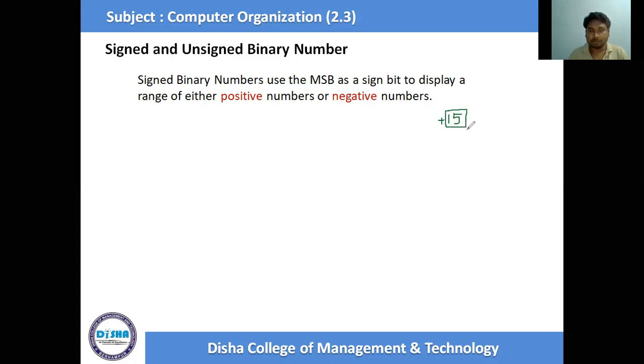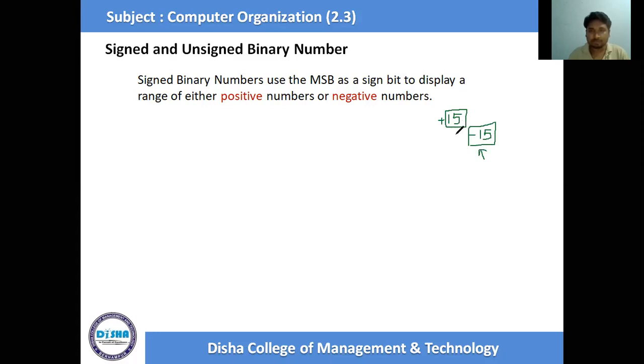But if I want to represent this 15 as negative, then I must assign a sign, that is negative 15. When I use the negative sign, this number is called a negative number. This type of number is called a signed number, because it is associated with a sign.